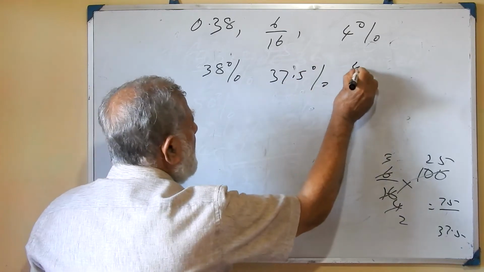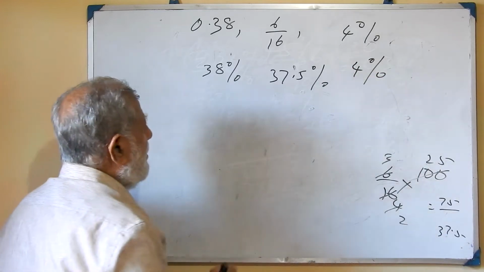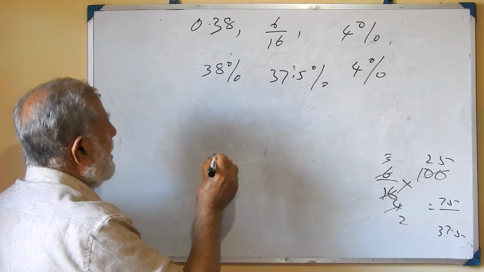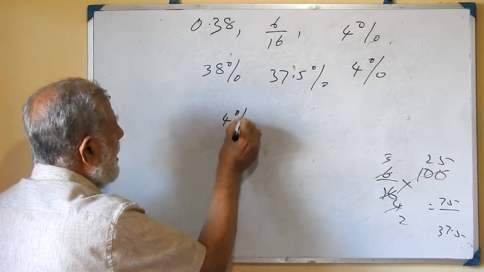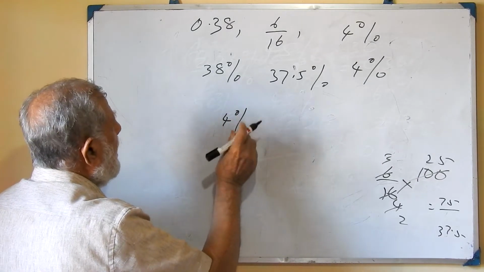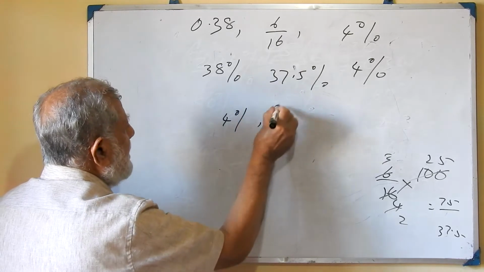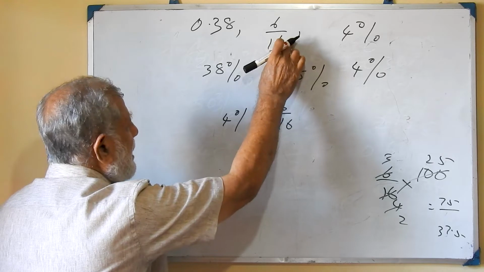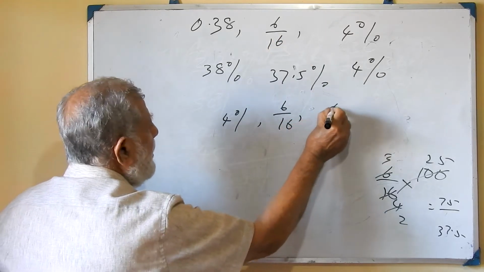And this is 4%. So ascending order will be 4% and 6 upon 16, 37.5 is 6 upon 16, and 0.38.